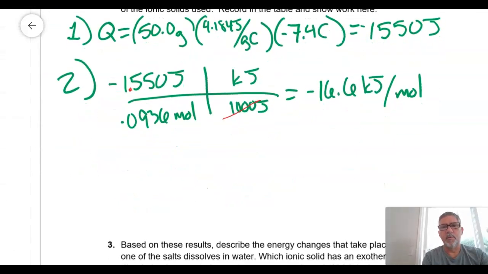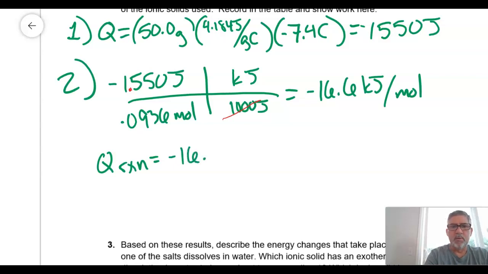All right, before we continue on here, this is Q of the reaction equal to negative 16.6. Actually, this isn't Q of the reaction.